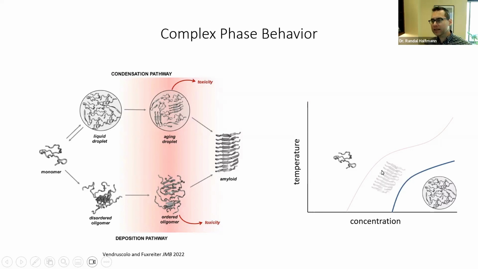And so it's that process, this competition between different phases, under conditions where a protein can enter either of those phases, that results in the complexity that a lot of interesting biology comes from and a lot of pathology comes from. So that's really the topic of today's discussion: how can we begin to dissect that complexity?